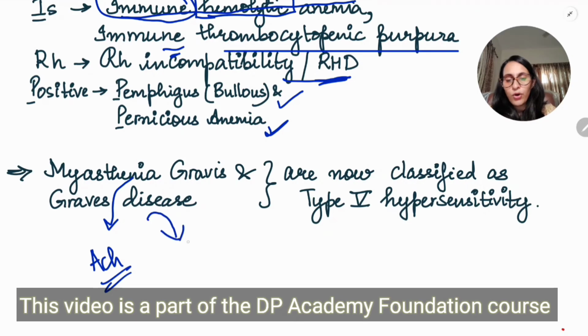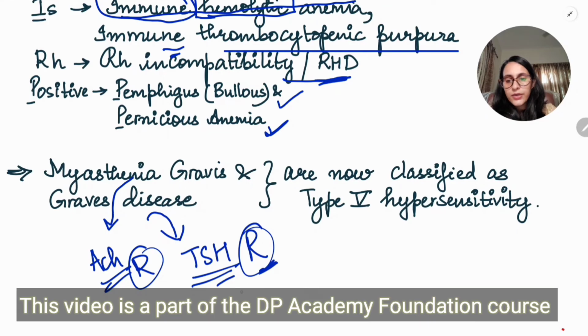In Graves' disease, the antibody is against the TSH receptor, and it is going to stimulate the thyroid. So there is going to be an increase in thyroid action, classical hyperthyroidism, seen in Graves' disease.